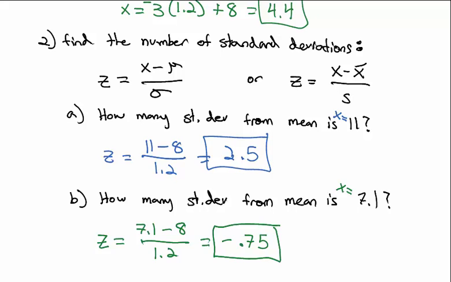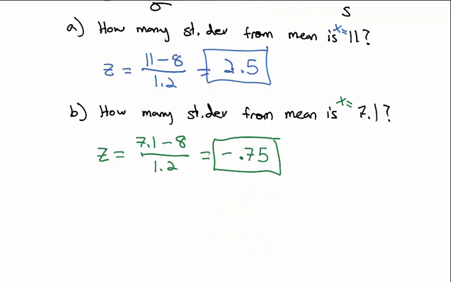Why on earth does this help us? What's nice about standard deviations is they give us a standard of measurement that we can use to compare data. Let's say John has a GPA of 2.85.